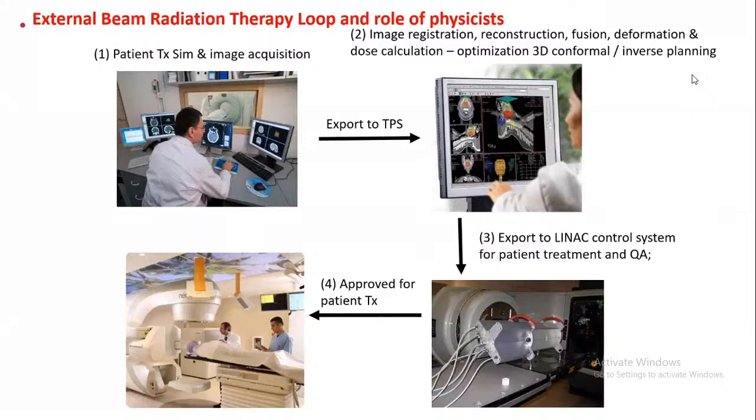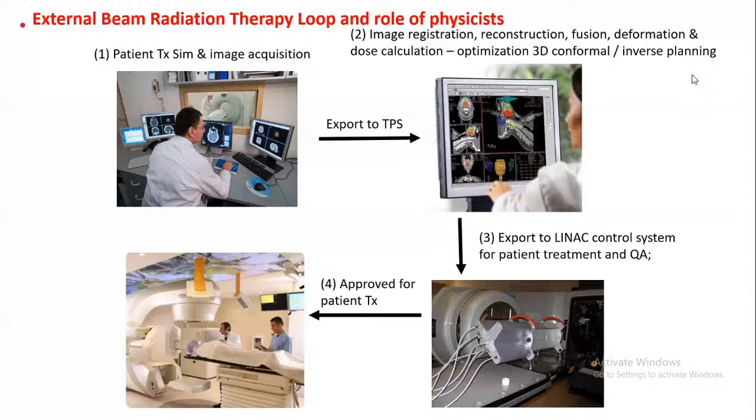Then another physicist goes through the work done by the dosimetrist and reviews the plan. He or she conducts a series of measurements known as patient QA, which is quality assurance, to make sure there is no issue regarding the computerized workflow that controls the treatment.